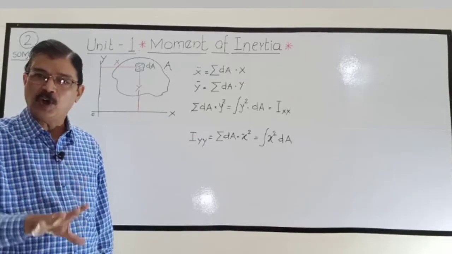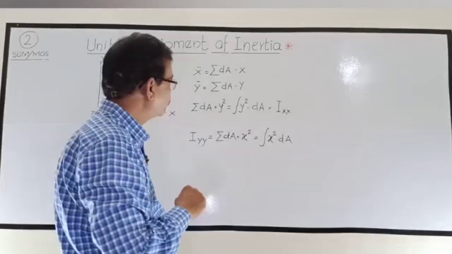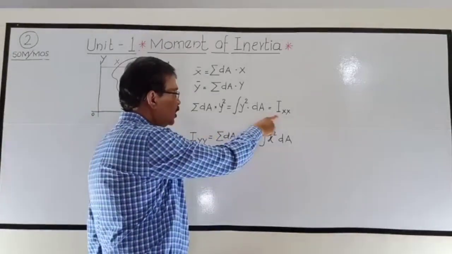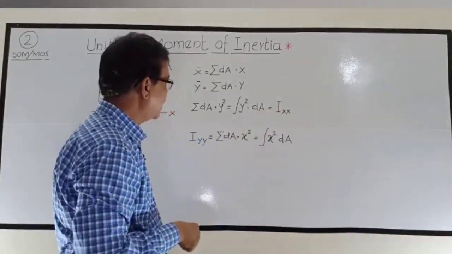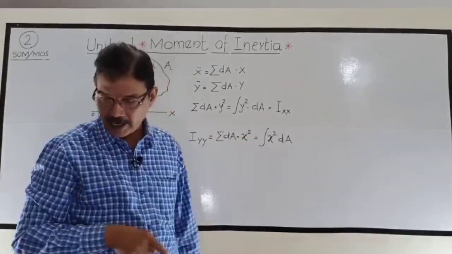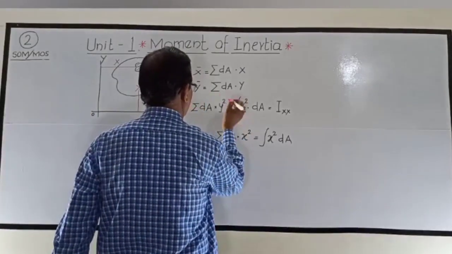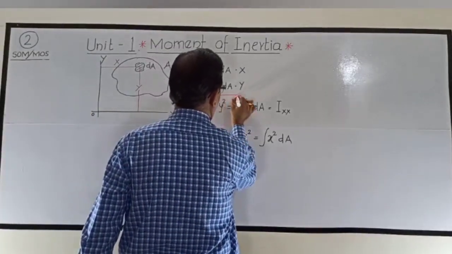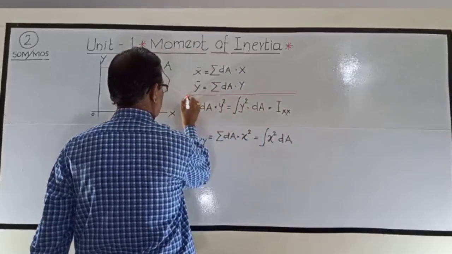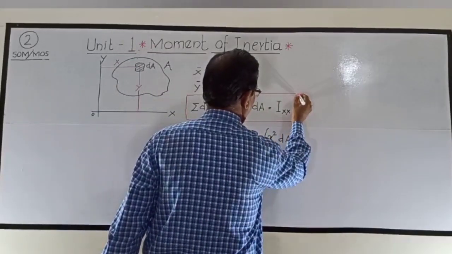This is purely the property of cross section. Now here you can see that Ixx is equal to integration y square dA, Iyy is equal to integration x square dA. Now these are important conclusions which we draw.